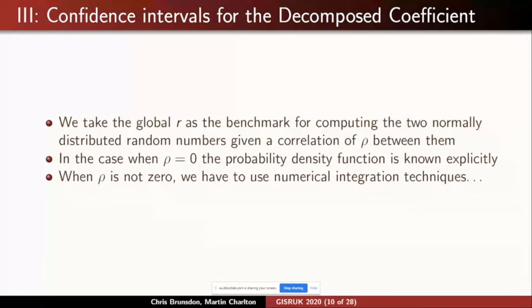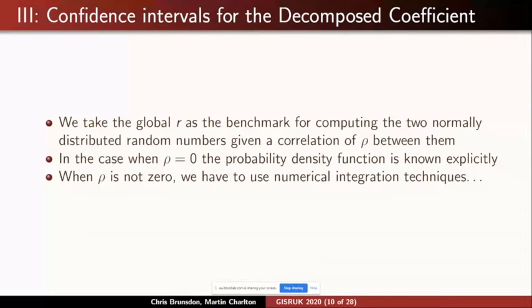When rho is 0, the probability density function is known explicitly, and what I had to do was go through to the next door office where Chris is sitting, for those of you who've been to Maynooth, and say, can you come up with the magic for this? He did it for rho equals 0, and then pointed out that actually it's rather complex when rho is not 0.